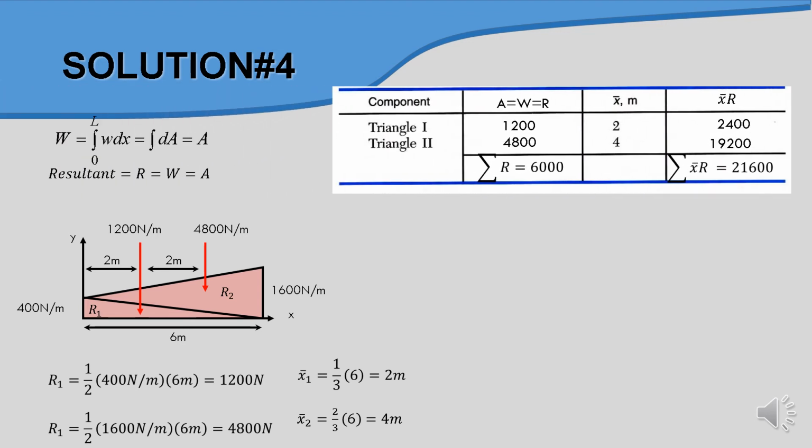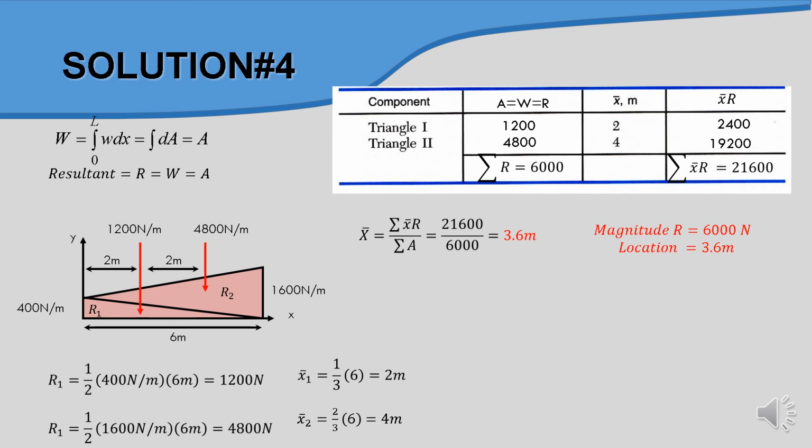And we will proceed to get the value of x bar, the total centroid of x bar for the surface R1 and R2. So the total for the x bar we have 3.6 meters. For the magnitude of R, the total we have 6,000.